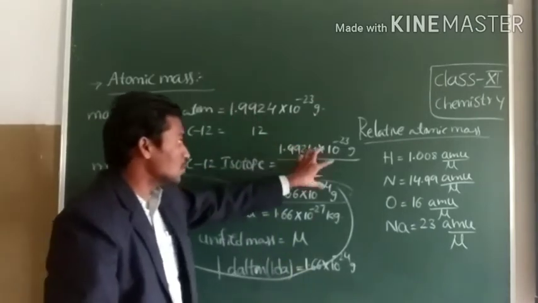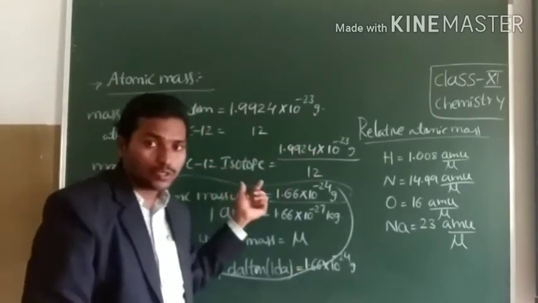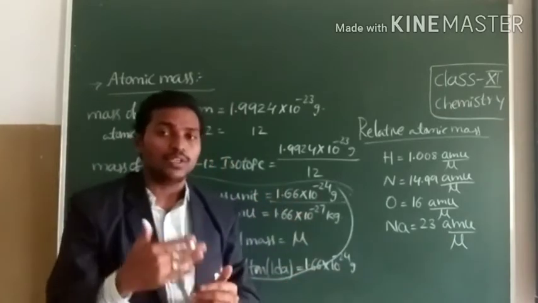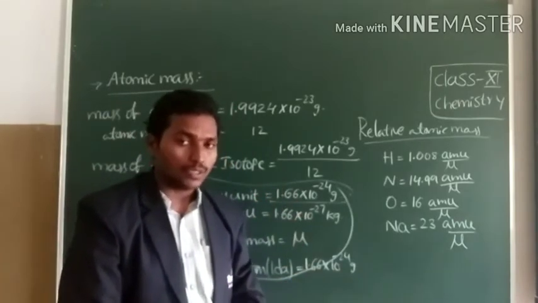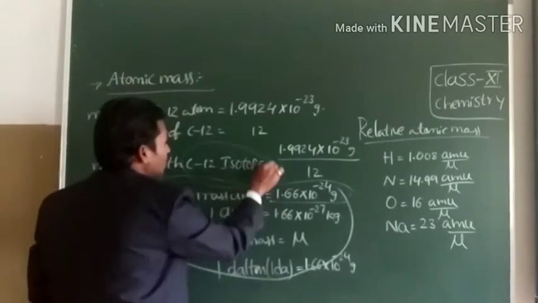Why have scientists chosen the carbon-12 isotope as the standard or reference to find out the atomic mass of an element? Because of the abundance of carbon-12 isotope.